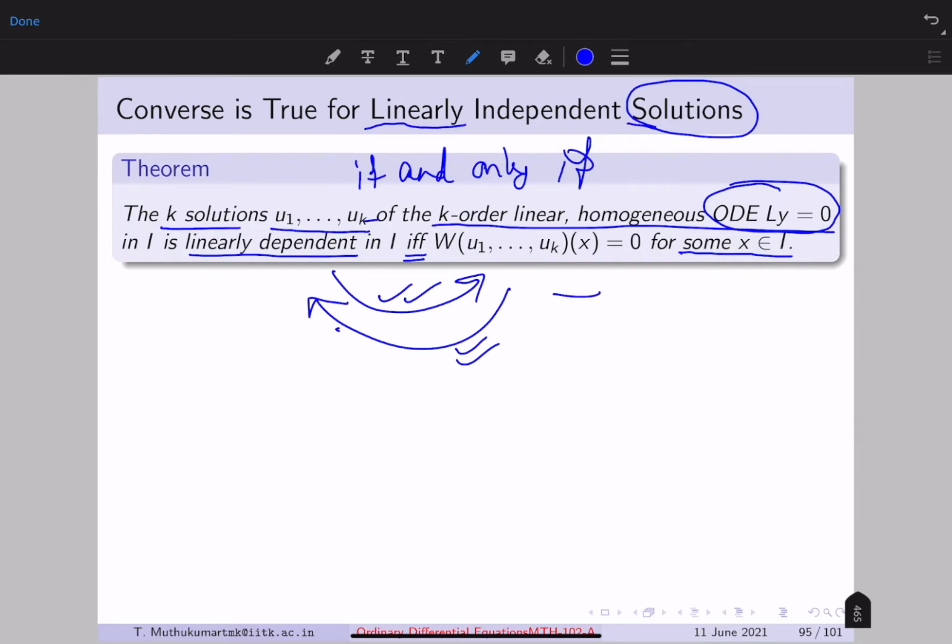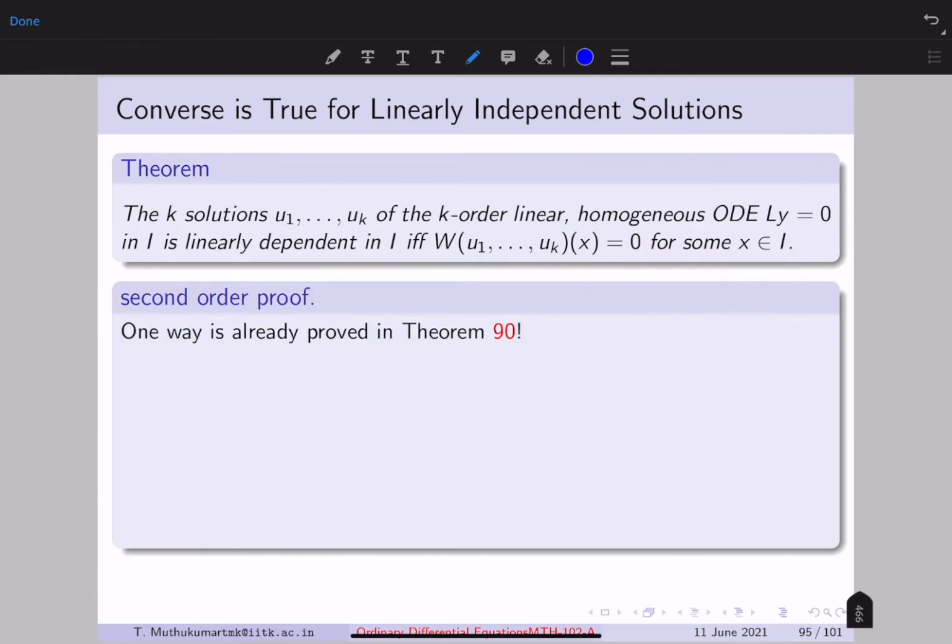Whereas for the converse statement, that is, Wronskian equal to 0 for some x in I, and the functions are solutions of the ODE, then the solutions are linearly dependent. This statement is true. So let's prove this statement.